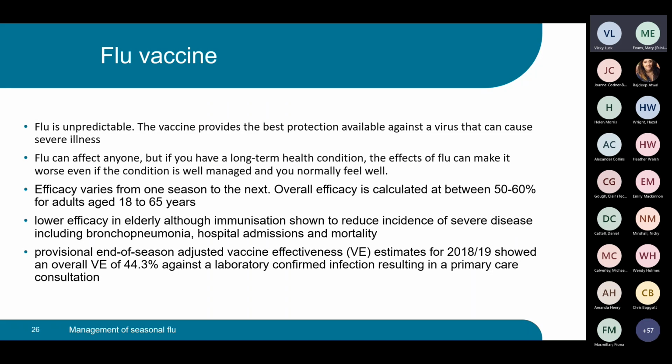Provisional end of season adjusted vaccine effectiveness for 2018-2019 showed an overall vaccine efficacy of 44.3% against laboratory confirmed infections that required a primary care consultation.